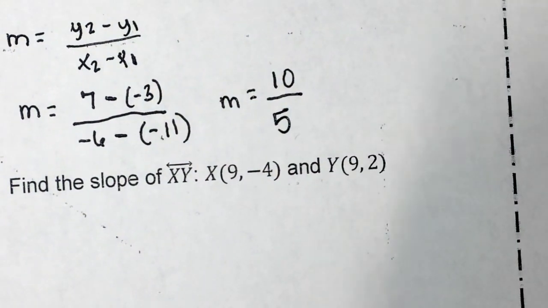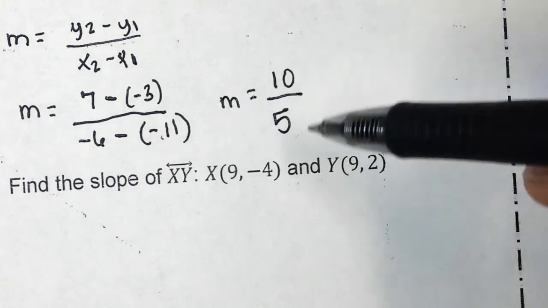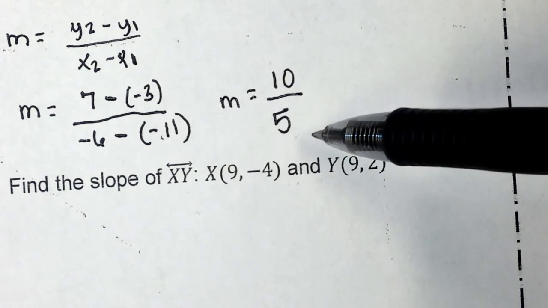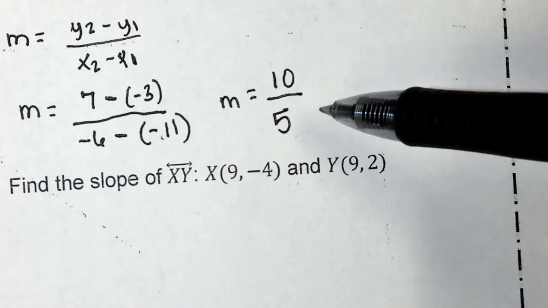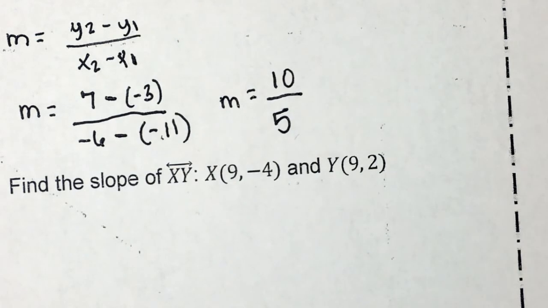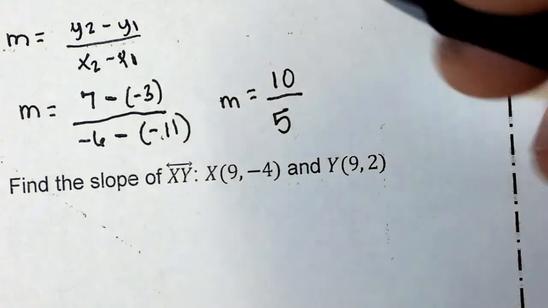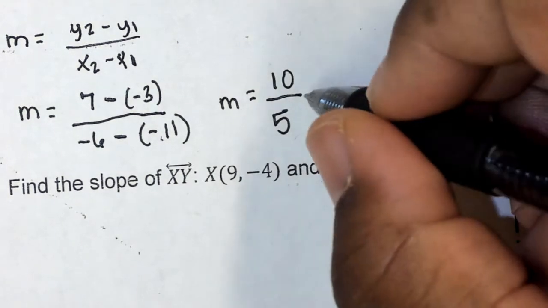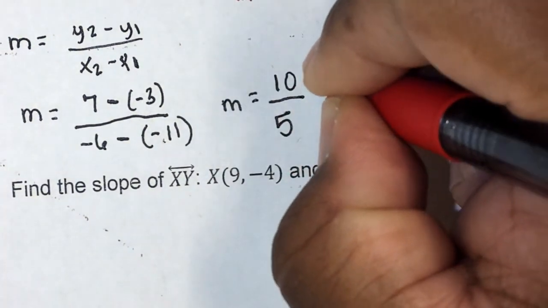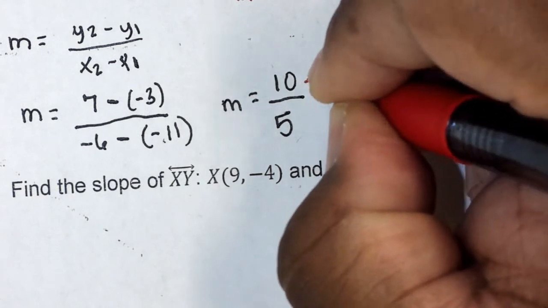Alright. And then from there, you just need to make sure you reduce if you can. 10 over 5, y'all should all know that can be reduced. Now, naturally you would say 10 divided by 5 is 2. But since we're doing slope, slope always needs to be in fraction form. So leave it as a fraction. Reduce it and leave it as a fraction. Y'all should all know we will divide by 5 on top and bottom, but some kids may not know this.